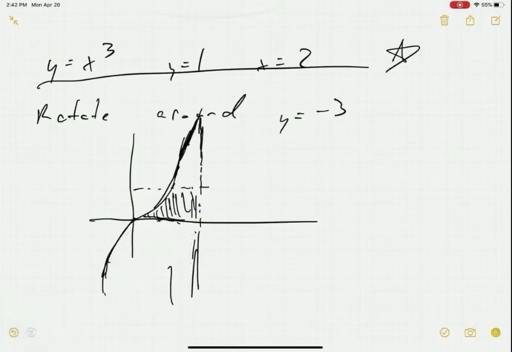The only possibility we have for a finite region is this region. It's bounded below by the line y equals 1, to the right by the line x equals 2, and above by y equals x cubed.